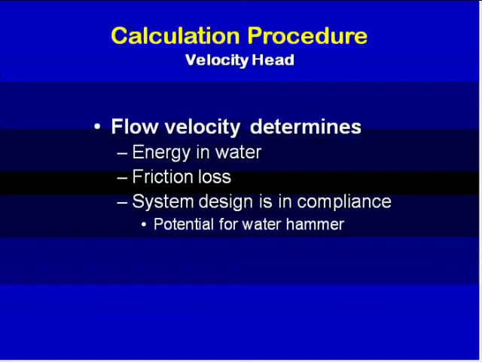So if we have a long pipeline and at the end of the pipeline we have an elbow, then if the velocity in the pipeline is too high, we can develop a water hammer that could cause the pipeline to fracture and fail.